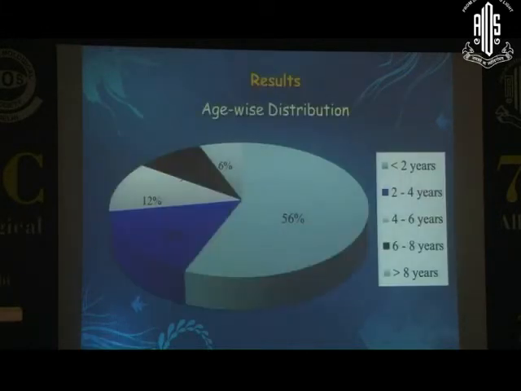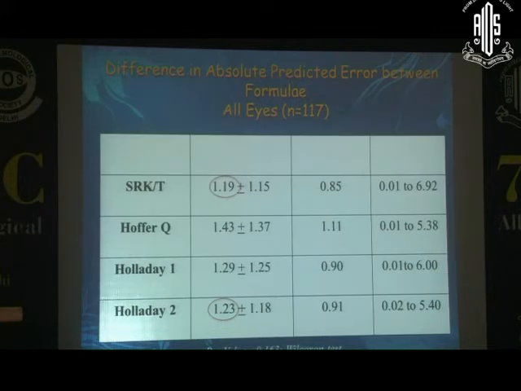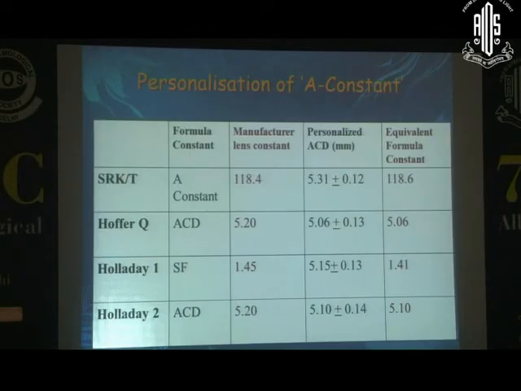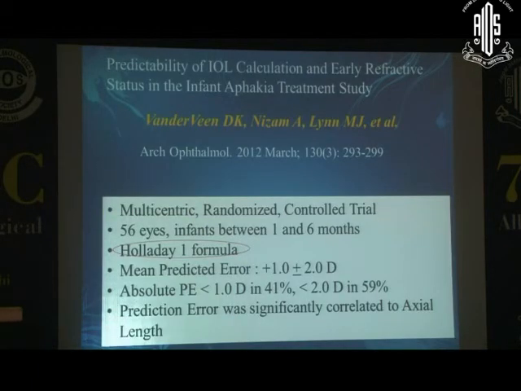Our main age group was below 2 years, and on result we found out SRK/T and then Holladay 2 give more reliable result. Personalization of A constant does not make any significant difference. So we conclude that we use SRK/T and Holladay 2 formula in pediatric eyes, and personalization of lens constant does not improve anything.